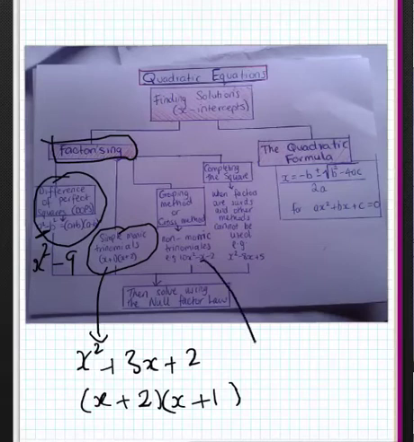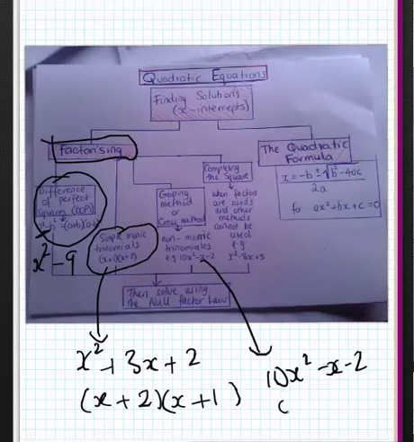If we have something like 10x squared minus x minus 2, we can see we can't use this simple method because of the 10. We can't take the 10 out as a factor because if we do, we'd end up with a fraction here. So that's where we use the grouping method. And if you remember, to use this, it's simply a times c that adds to b. And we've covered that method before.